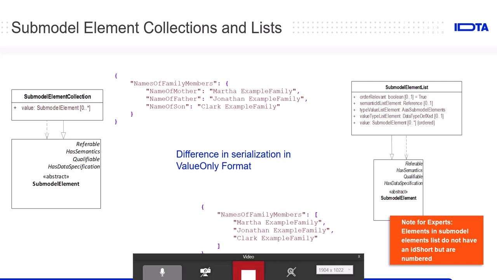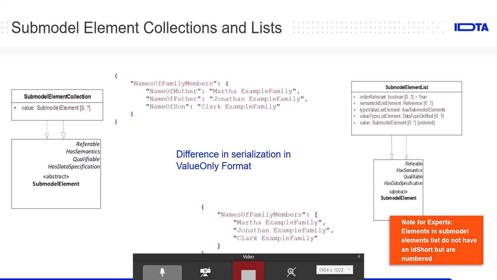here I have a very simple example in JSON format. Here, names of family members. Every member of the family has its own name. It has its own idShort, we would say, of the referable: name of mother, name of father, name of son, and so on. And in a list, you would just say, this is a family member, this is family member 1, 2, and 3.